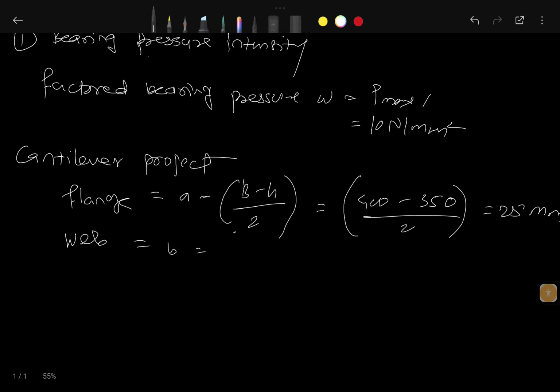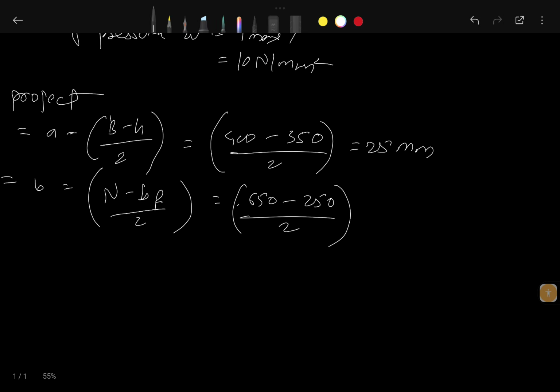And for web, n minus bf divided by 2. So n is 650, bf is 250, divided by 2. So it's 200 mm.